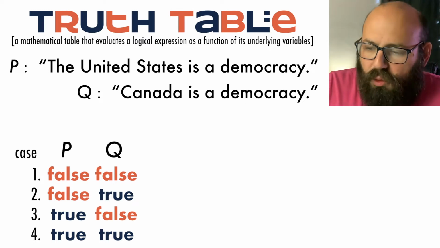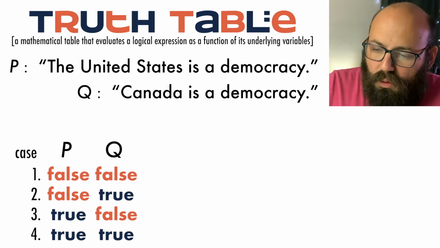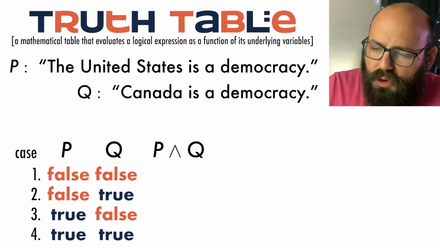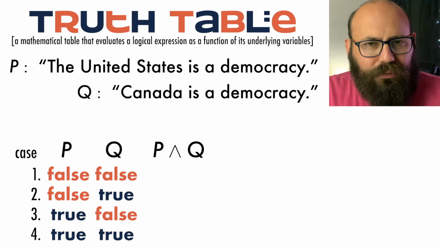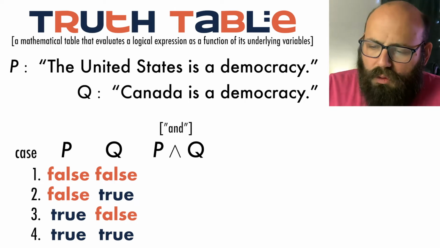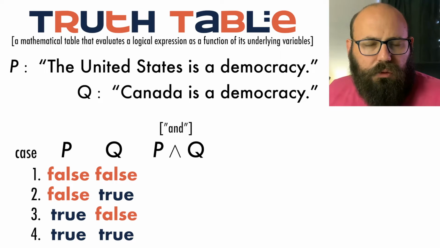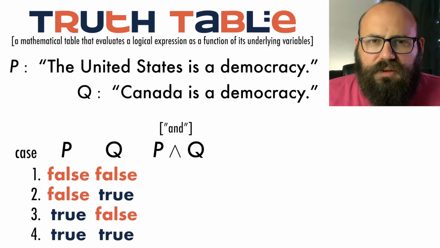So the symbol I'm going to use is this wedge symbol. What does that mean? Well, you can read that as the word and. So if I write P wedge Q, P and Q, that means the United States is a democracy and Canada is a democracy.